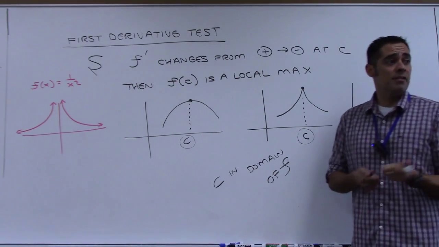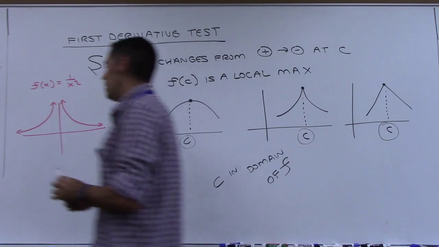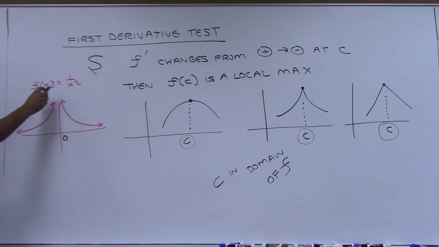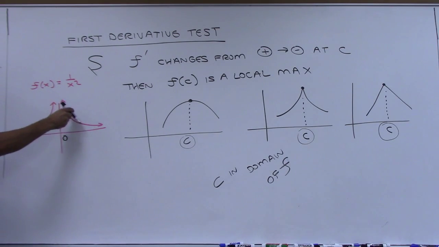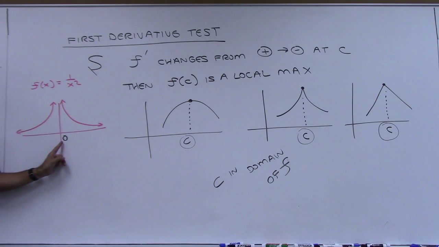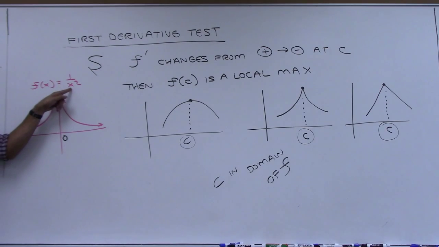If you weren't paying attention, you might determine that to the left of 0, your derivative is positive, and to the right of 0, your derivative is negative. But at 0, your function is undefined. You don't have a local maximum there, because 0 is not in the domain of the original function to begin with. See it? So be careful.